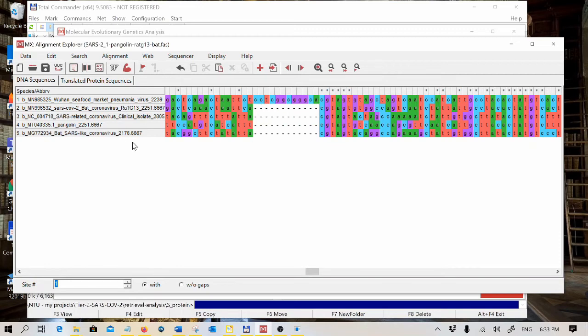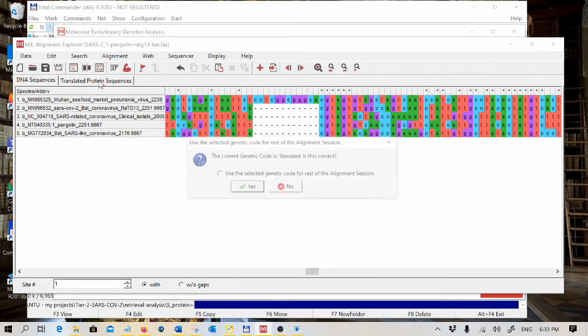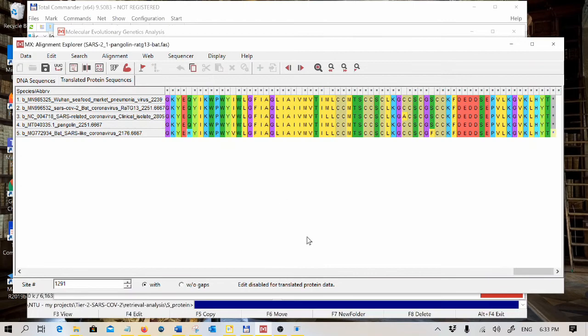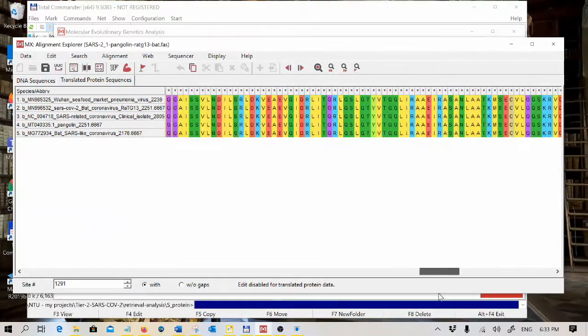And in none of the related species did we observe this. So it means that it's a very important area in the protein.